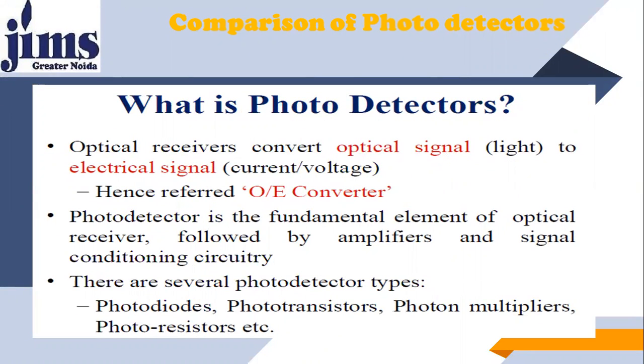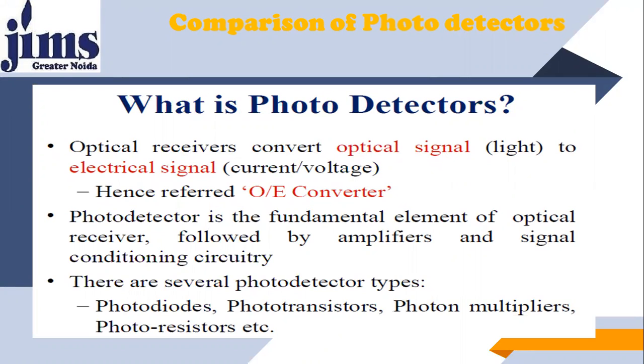We start this lecture with what is the function of photodetectors, or what is the meaning of photodetection or photodetector. And we already know that this photodetector is a main part of the optical receiver, right?